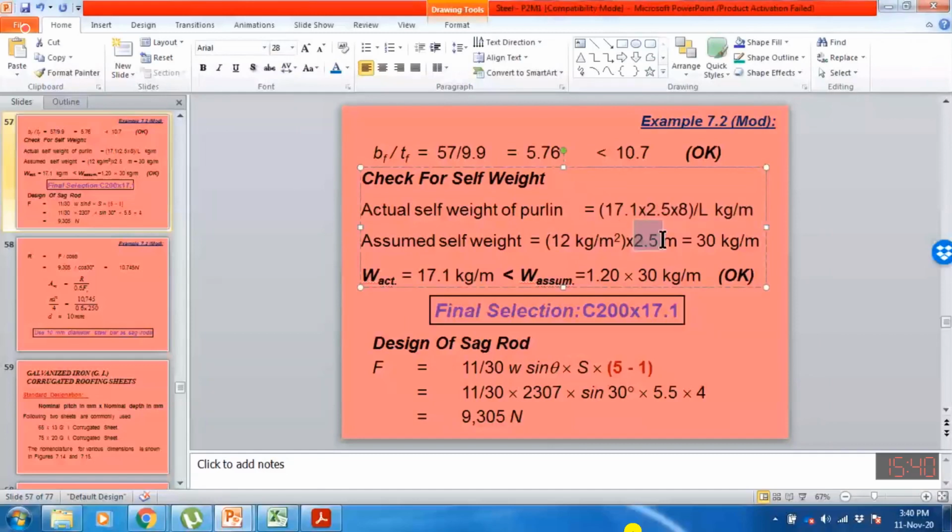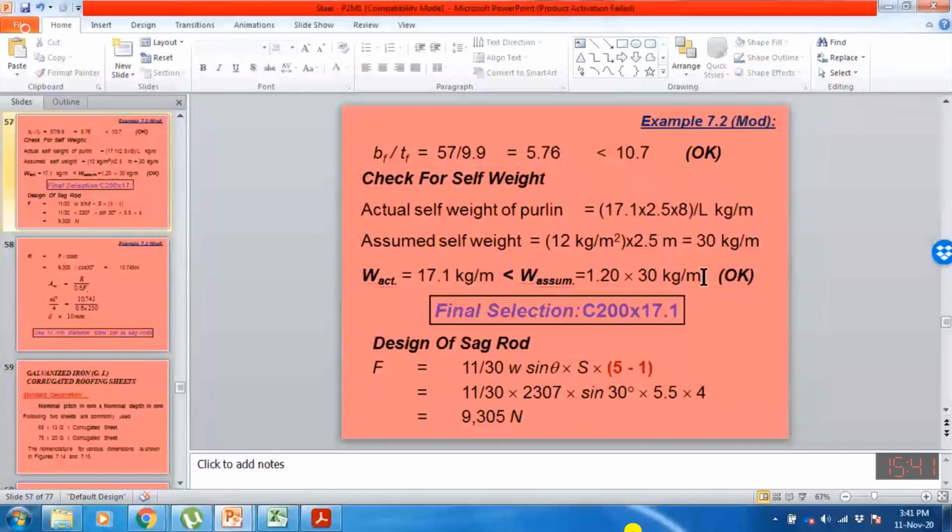So in that case, the actual weight is 17.1 kilogram and the assumed weight is 30 kilogram multiplied by 1.2. The actual weight is less than assumed, so it means we have already assumed a larger weight, so that is okay.